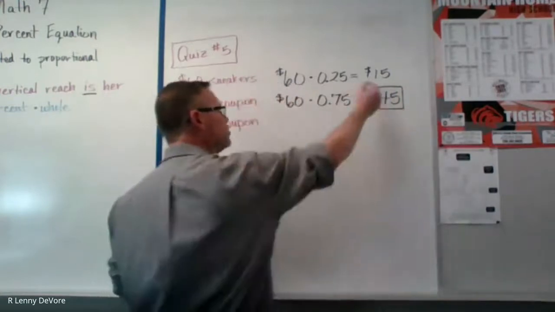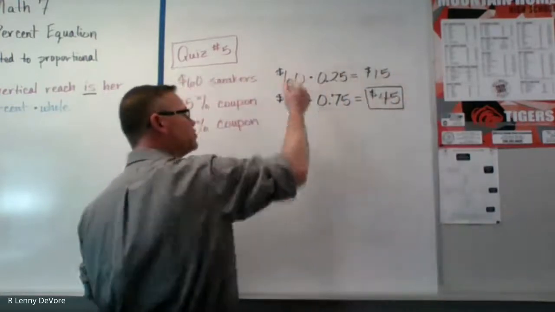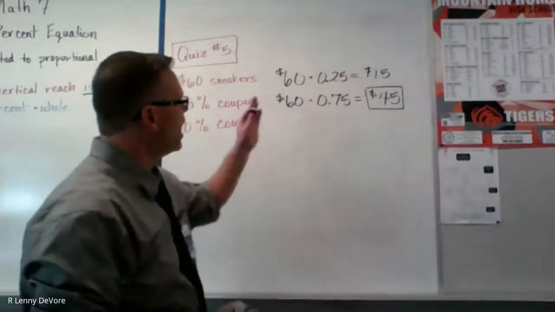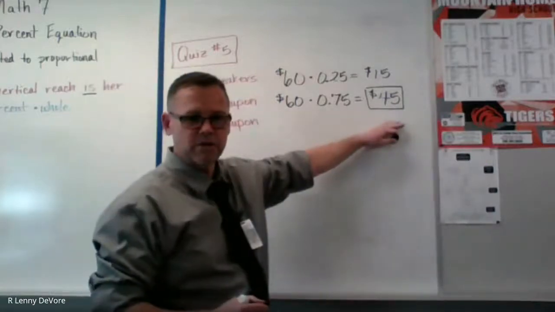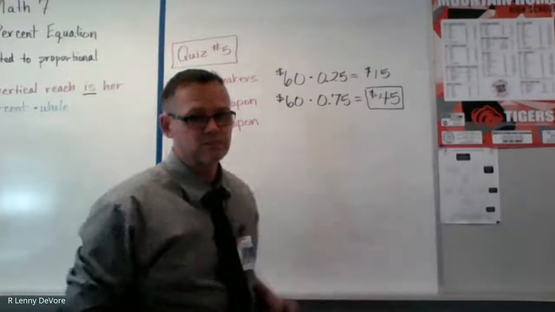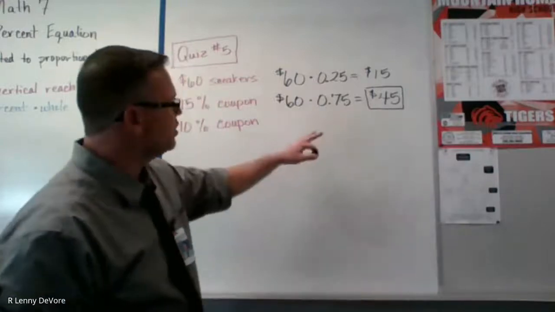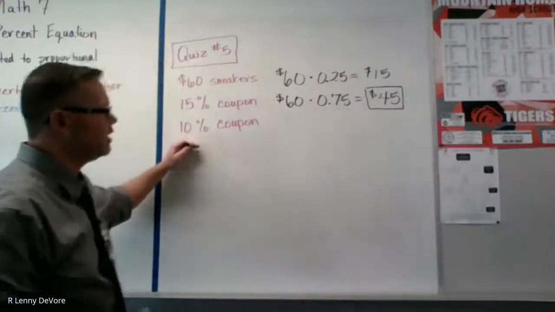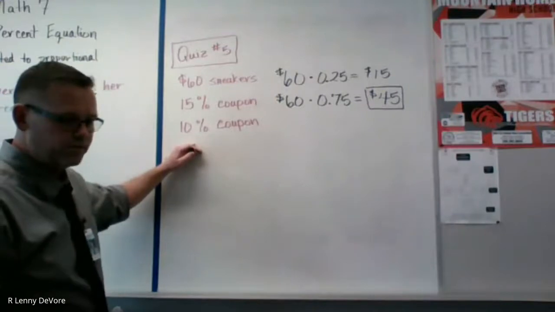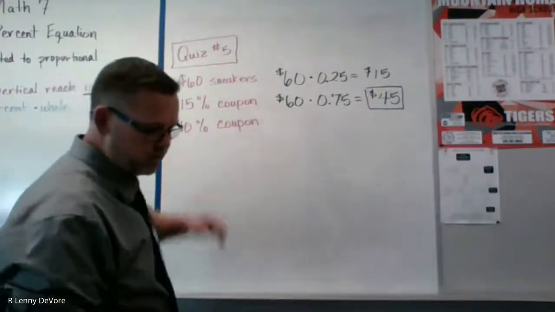Instead of having to go back and subtract that $15 from the $60, I can actually do it in one step. So if you understand that, that's awesome. Okay, so that's what we're looking at. If I do this together, it comes to $45. But this is the incorrect way of doing it.